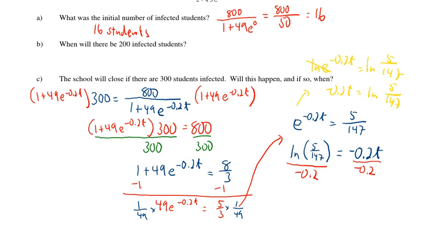I divide by the exponent, and then I put it into my calculator. Natural log of 5 divided by 147, all divided by negative 0.2. Does anybody have an answer on this? I have an answer. Did not take long for this school to get shut down.